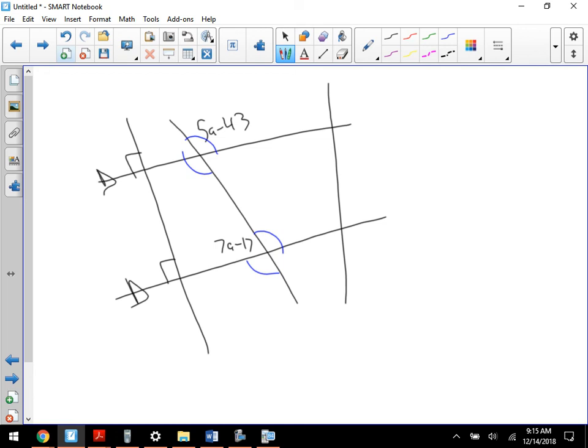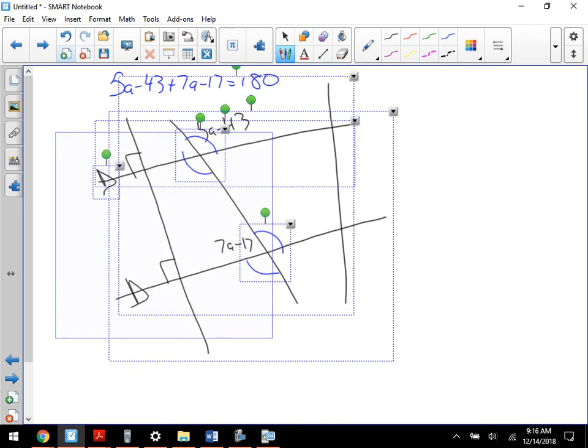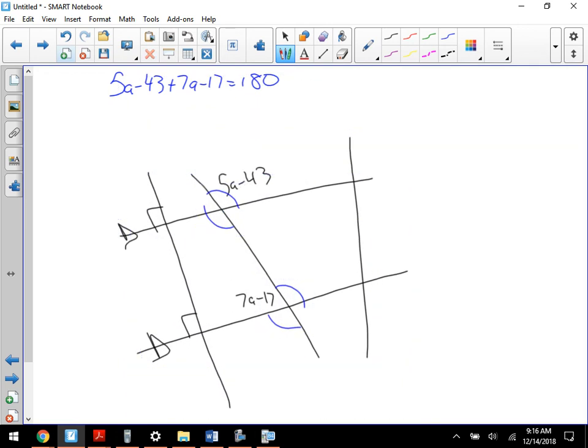So those two angles have to add up to equal 180. So you have 12a minus 60, 180. Yeah, it's 1.